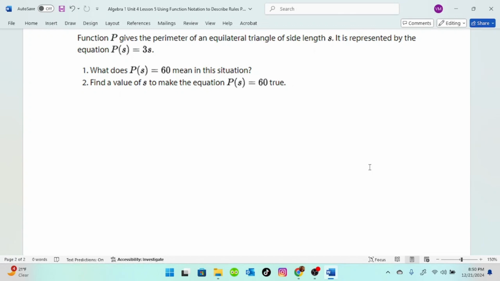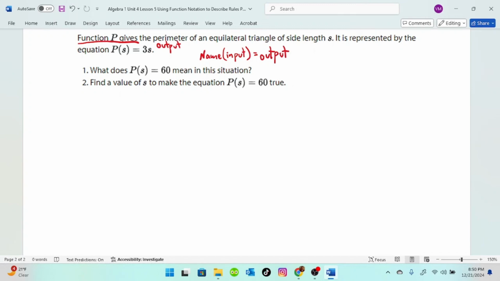So remember, I had told you, anytime you see "function gives," the very next thing is the output. And in function notation, you have the name, then in parentheses, you have the input, and it equals the output.